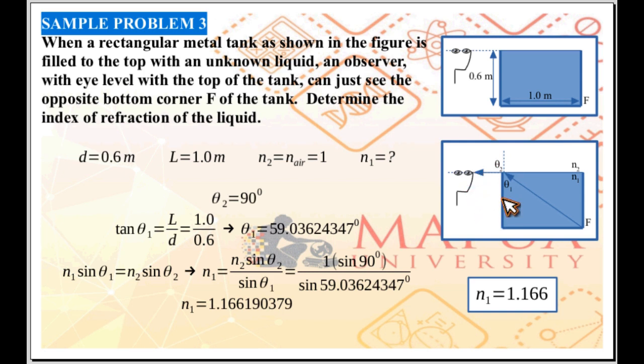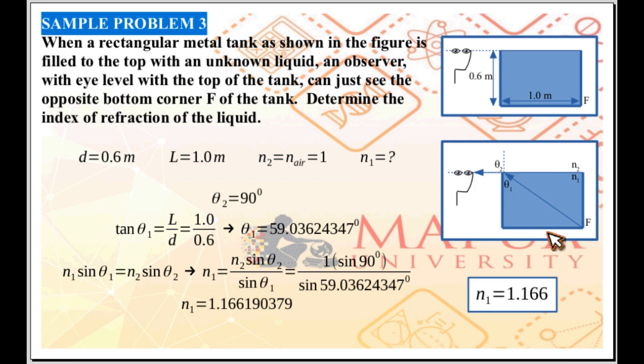You have angle of incidence theta 1, and with respect to the normal line, angle of refraction theta 2, and we see that theta 2 is just equal to 90 degrees. n1 is the liquid; we are looking for n1, the index of refraction of the unknown liquid. n2 is air, and we know the index of refraction of air is just equal to 1.